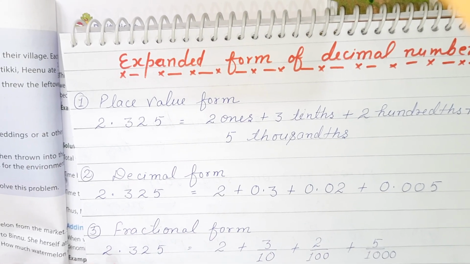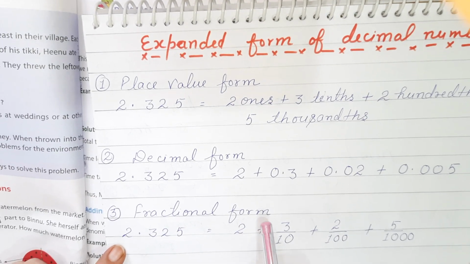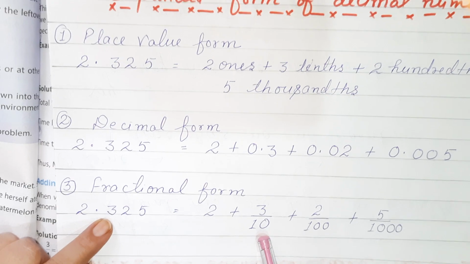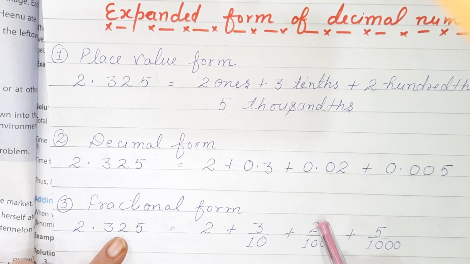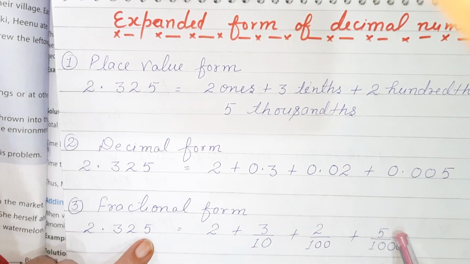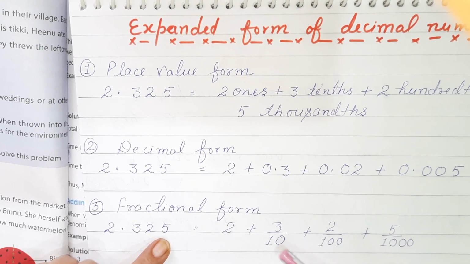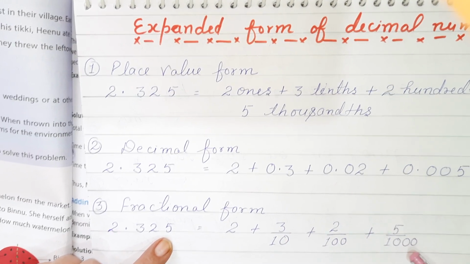Now the last one is fractional form. Fractional form means 2 will be the same plus 3 tenths, 2 hundredths, 5 thousandths. It is fractional form. Fractional form means numerator, denominator, numerator, denominator, numerator, denominator.